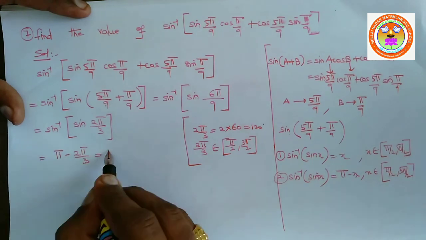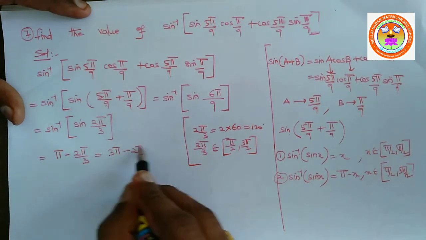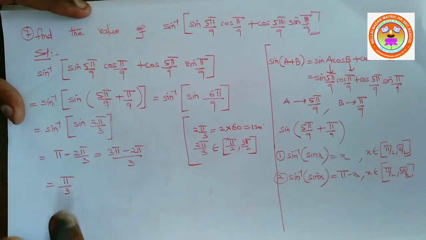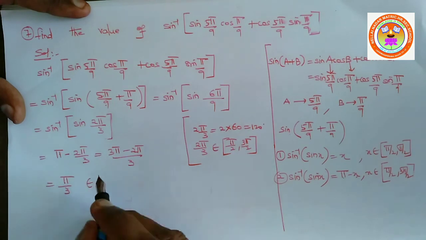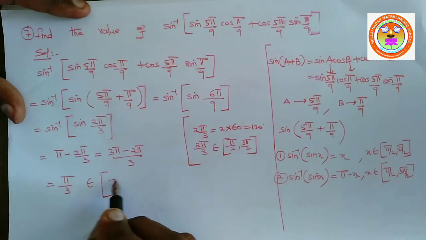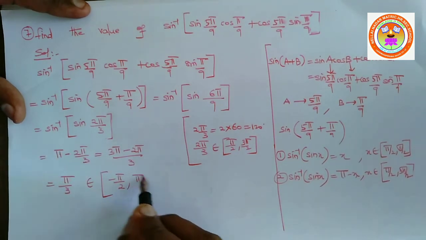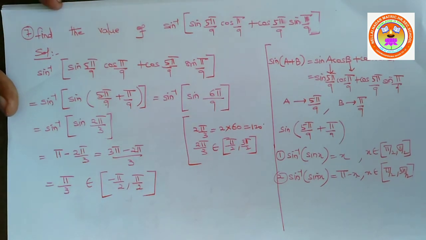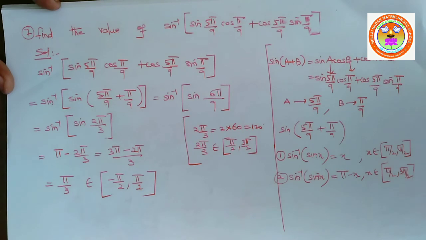Cross multiply: 3 into pi is 3 pi, minus 2 pi, which is pi by 3. The value pi by 3 is 60 degrees. This belongs to the principal domain value, minus pi by 2 to plus pi by 2. With this we are finishing exercise 4.1.